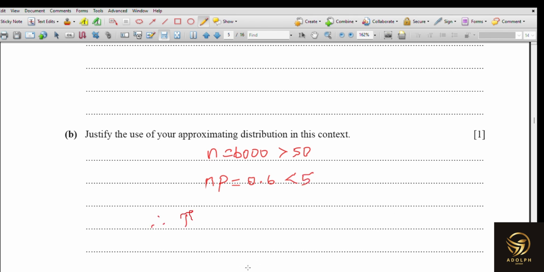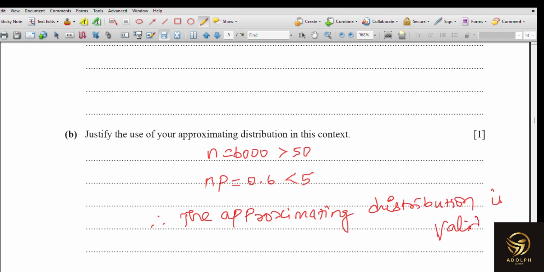Therefore the approximating distribution is valid. Maybe the same conditions we followed for the AS level normal distribution are the same conditions for the Poisson distribution as well.